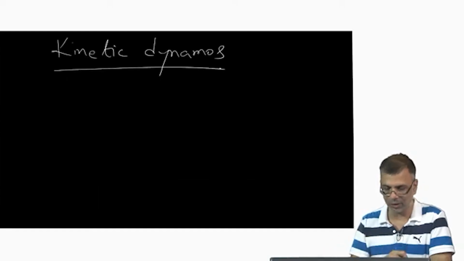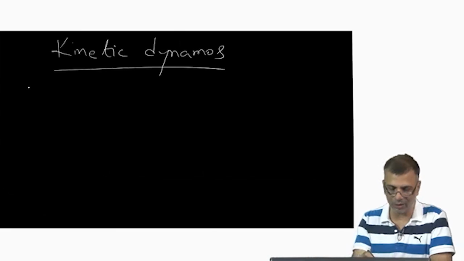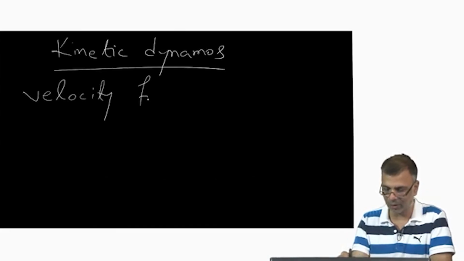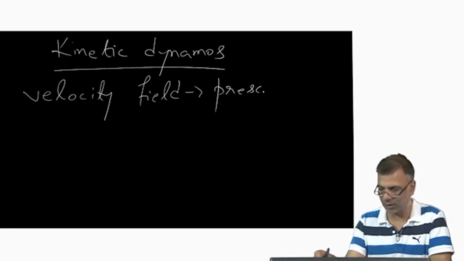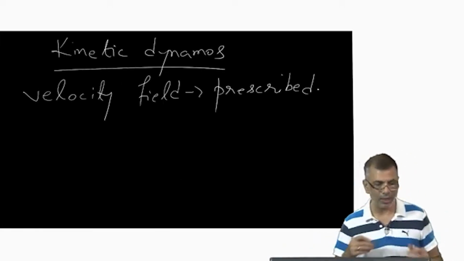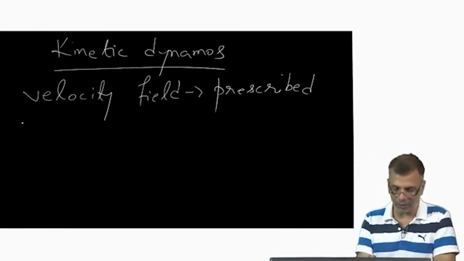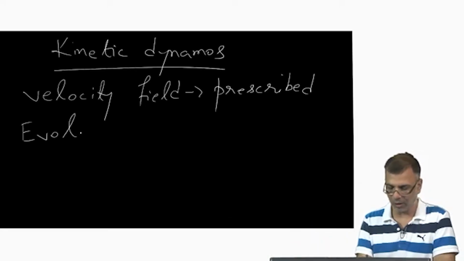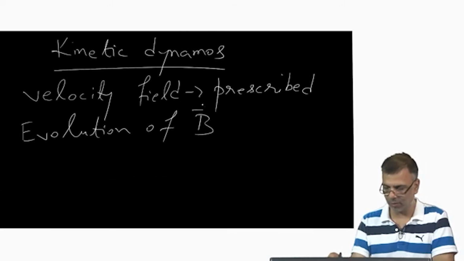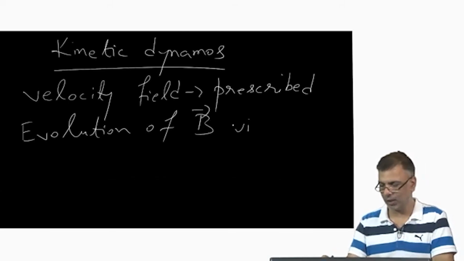Kinetic dynamos, as we said earlier, are ones where the velocity field is prescribed, is given to us through some other means, and we look at the evolution of the magnetic field, evolution of B via the induction equation.